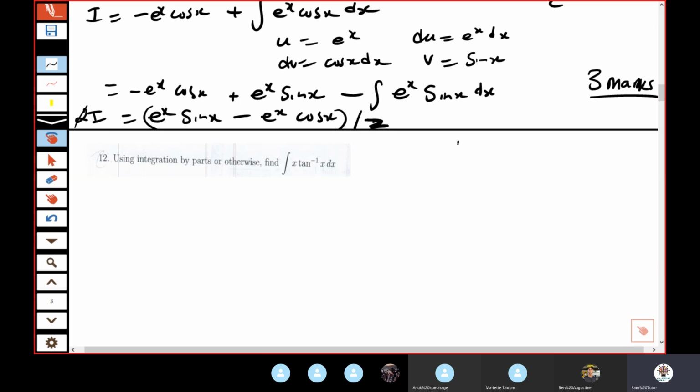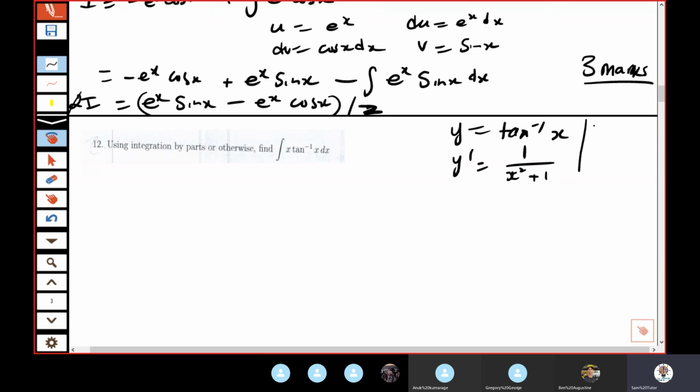Or the other way around, what was the derivative of an inverse tan? Like 1 on x squared plus... Inverse tan is plus. You're talking about the inverse sine and inverse cos.